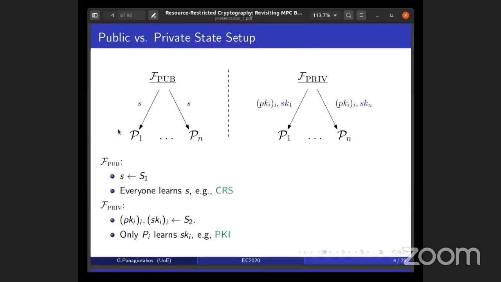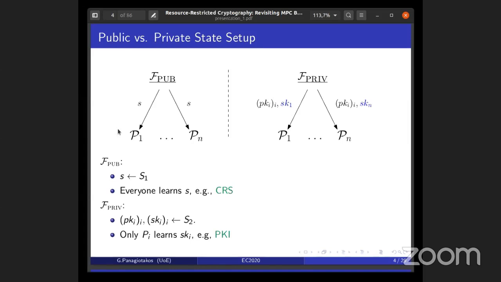Now, setup functionalities can be further categorized into two categories: public state setup and private state setup. Public state setup says the following: I sample a string from some distribution, and then everyone learns this string. You can think of a common random string as this kind of setup. Private state setup says the same, but now different parties learn different parts of the string.